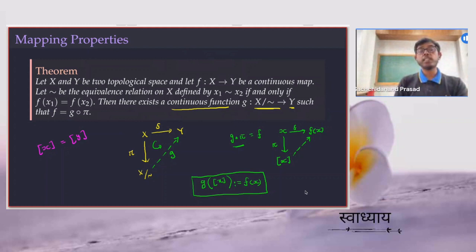And this theorem will be helpful for the guesses we made in the previous session: that a finite line segment with its two endpoints joined gives a circle, joining the boundary of a disk gives the sphere, and many more. We have a guess of a continuous function from the quotient space to the space that we were guessing.